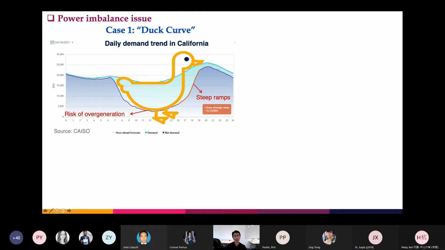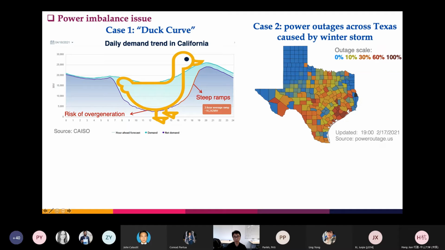So what's the problem with the duck curve? The first is the risk of an overgeneration issue. Another is the steep ramps. Basically, during the 3 hours from 4 p.m. to 7 p.m., the utilities need to provide about 16,000 megawatts of power, and it's a challenge for them.